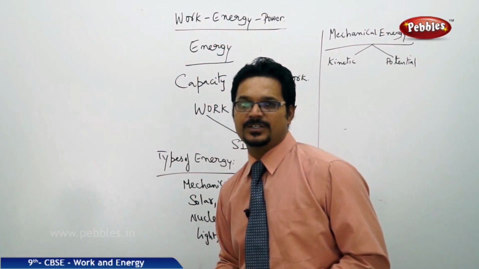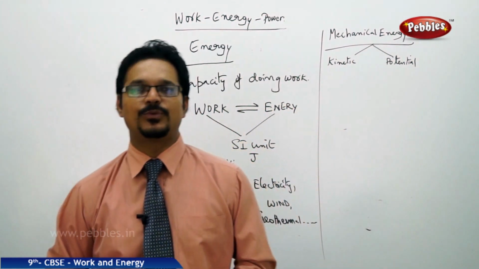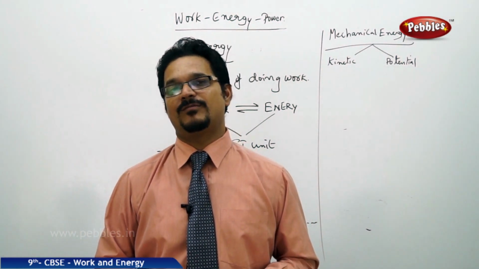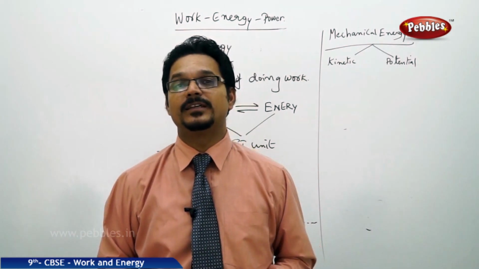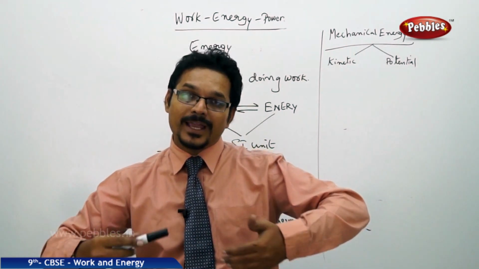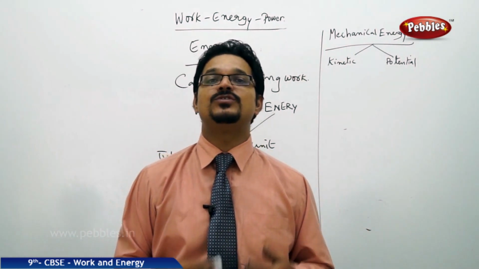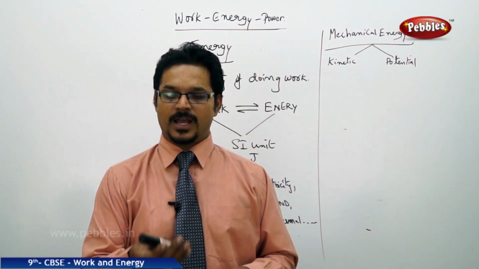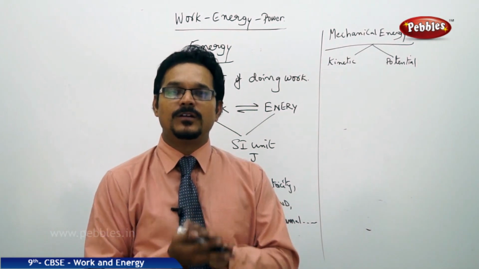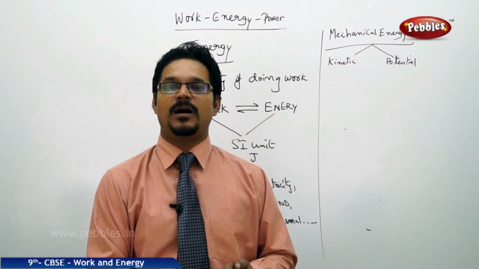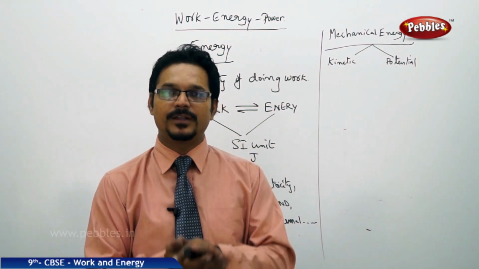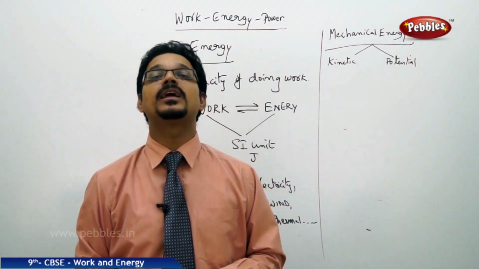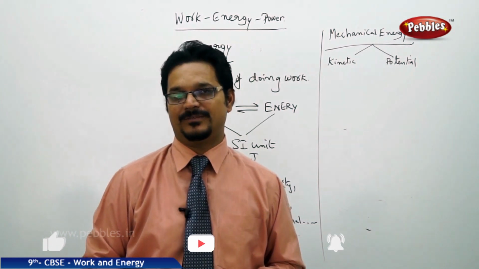You are walking on the road, you are running, then what type of energy do you have? While you are walking and running, the energy you generate is kinetic energy. See, I am throwing the marker in the upward direction. When you throw the marker, the energy generated by the marker is potential energy.